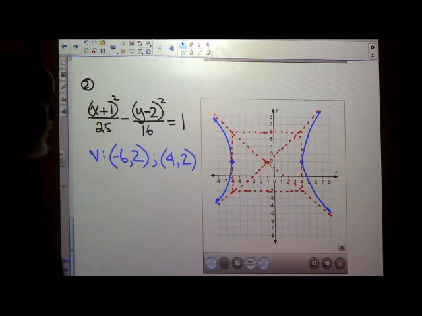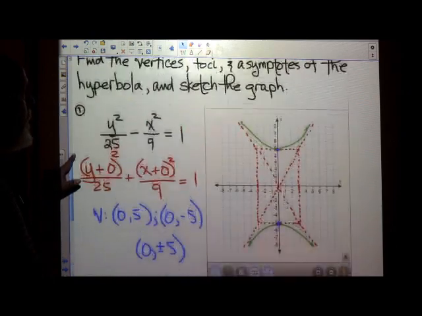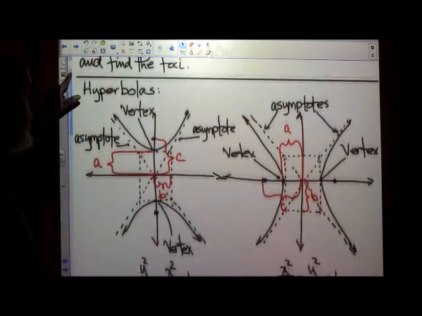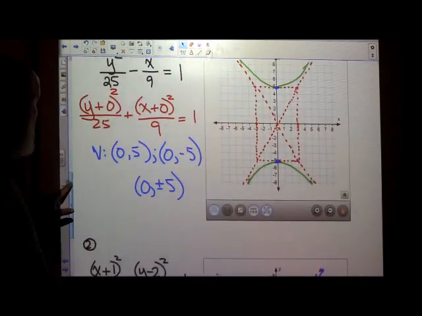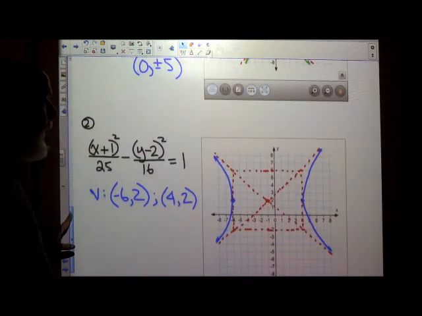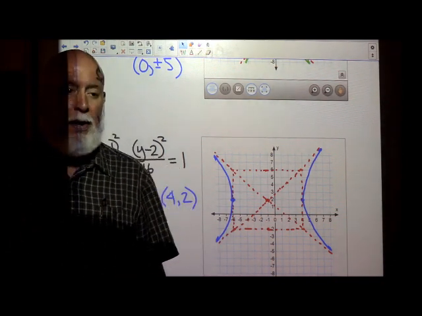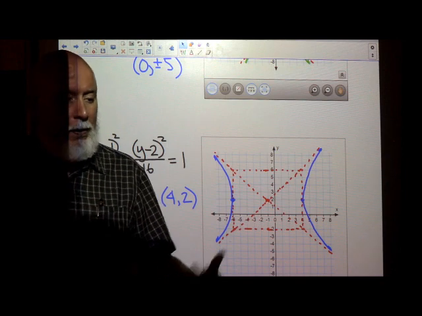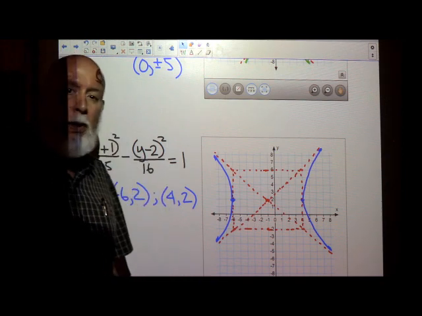Okie dokie, and that is graphing hyperbolas. Graphing them, sketching the asymptotes and finding the vertices. That's what I would like you to do. On the worksheets that I'm going to try to attach today, hopefully I'll be able to do it successfully without too many technical difficulties, it will be multiple choice.